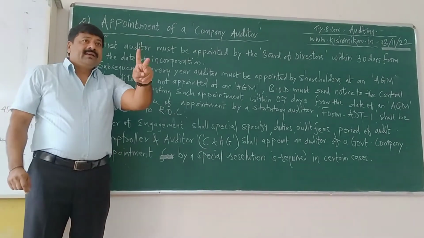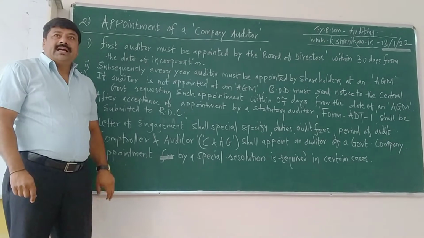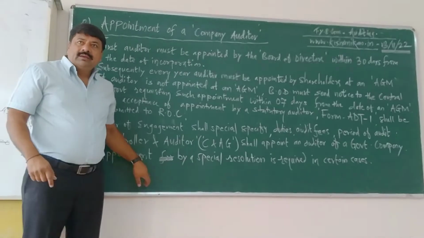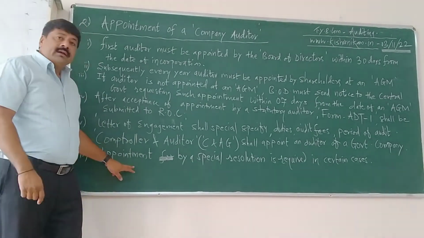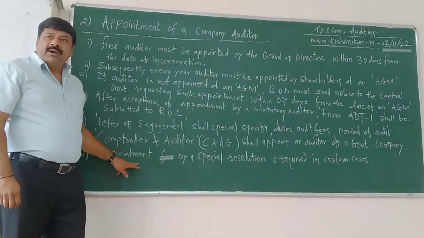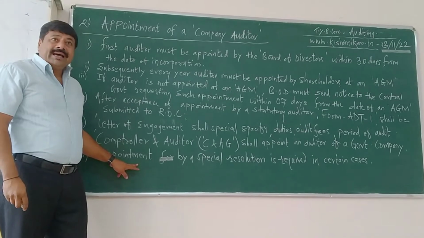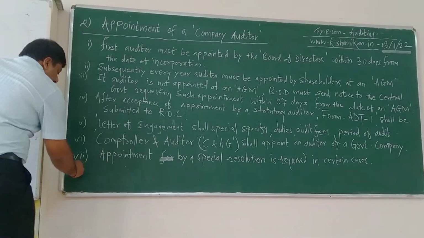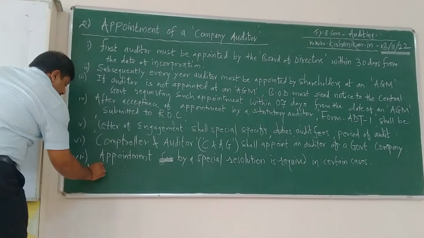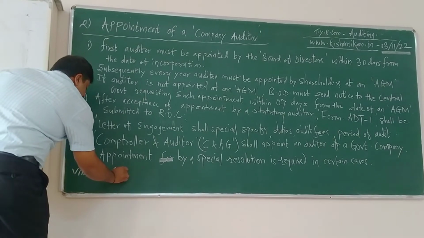And secondly, when there is a casual vacancy, that point I forgot to write, you can write it down at the last point. An auditor shall be appointed in case of casual vacancy by the board of directors.